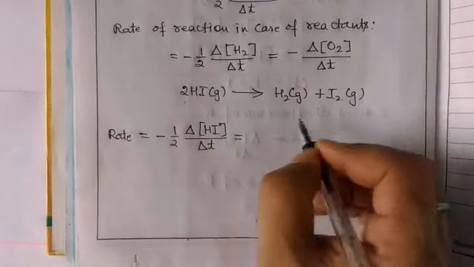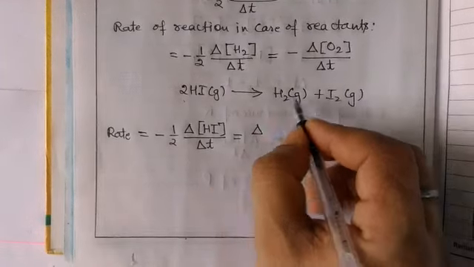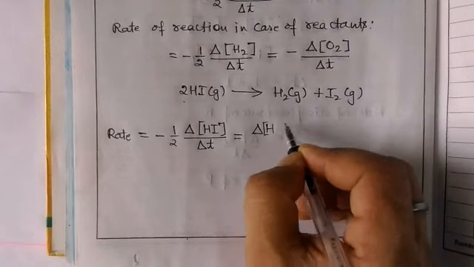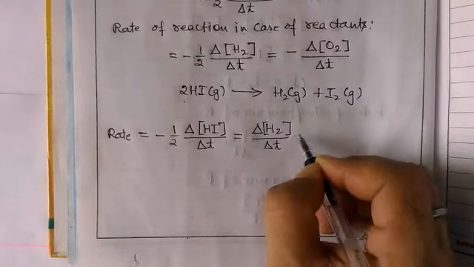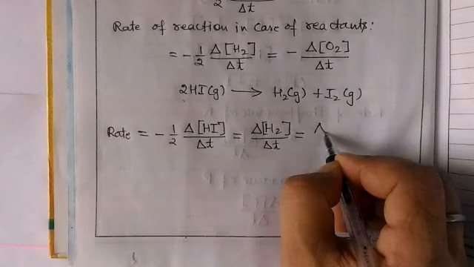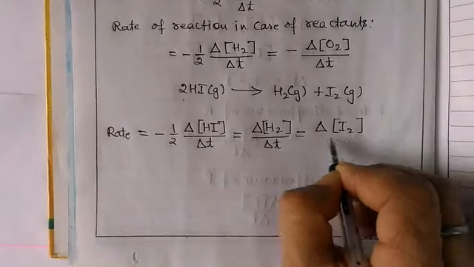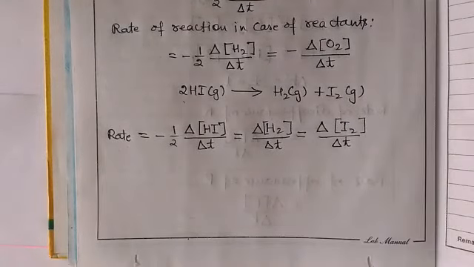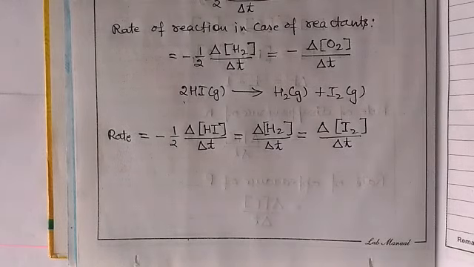It will be equal to the change in concentration of hydrogen upon time, these are 2 products, therefore no negative sign will be placed here, and is also equal to change in concentration of iodine on change in time. So this will be the equation.